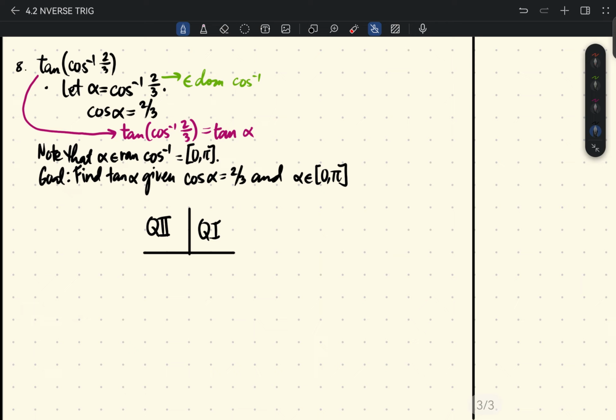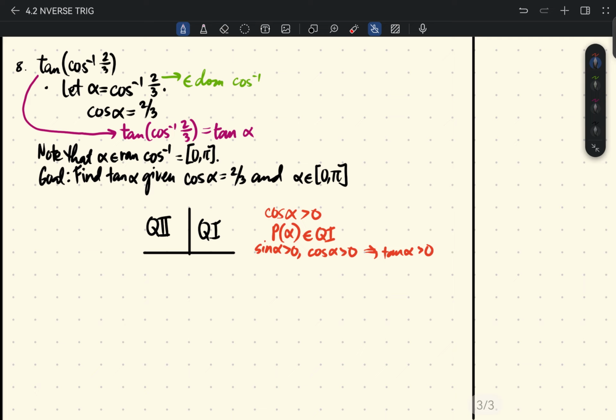Since cosine of alpha corresponds to the x coordinates, that means we are considering quadrant 1. So P of alpha is in quadrant 1. And so sine alpha is greater than 0, cosine of alpha is greater than 0, and so tangent alpha, which is just sine over cosine, should also be greater than 0.